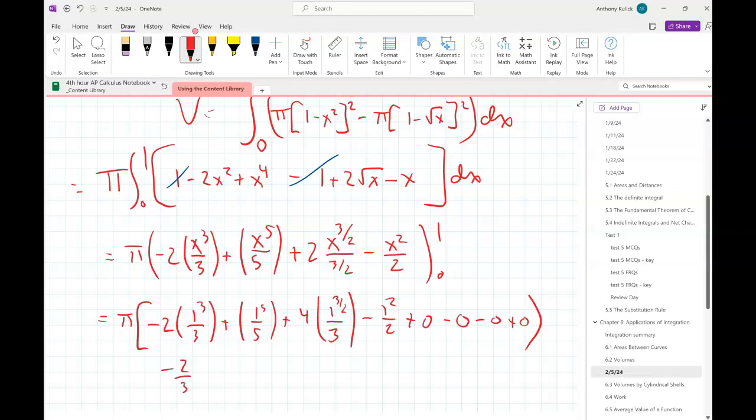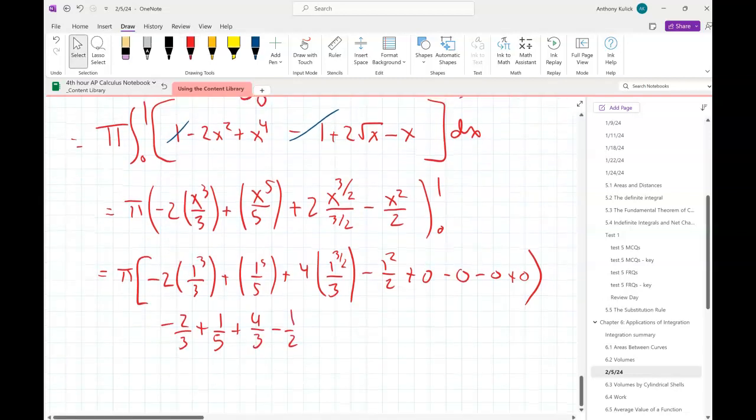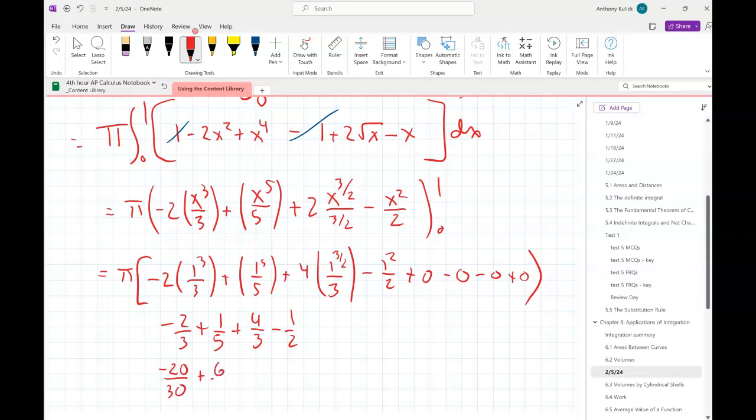We have negative 2/3 plus 1/5 plus 4/3 minus 1/2, right? Common denominator would be 30, I think. So that's 26 minus 15 is 9. That reduces down to 3 pi over 10.